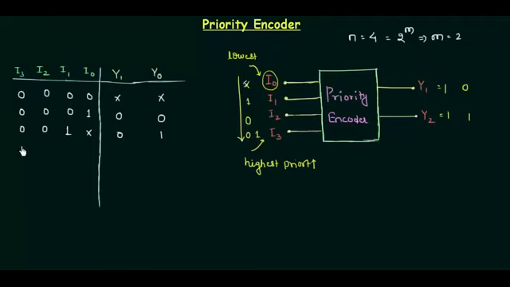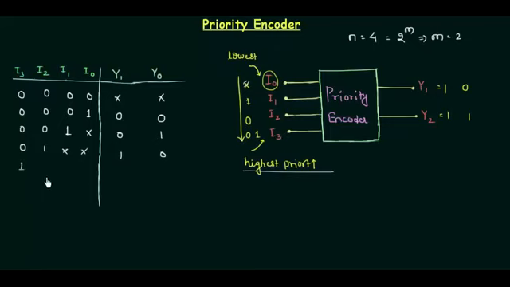Let's move to the next case, in which I3 is 0, I2 is 1. Again, I2 has higher priority as compared to I1 and I0, so we don't have to look at the values of I1 and I0, and the output will be 1 0. Let's move to another case, in which I3 is 1 and I3 has the highest priority.